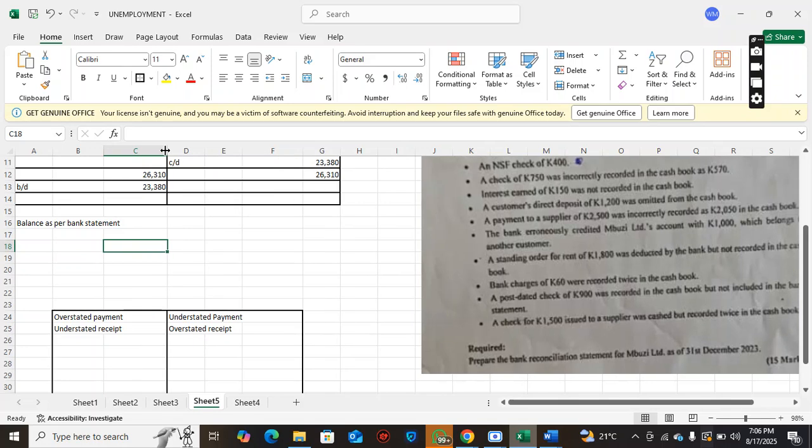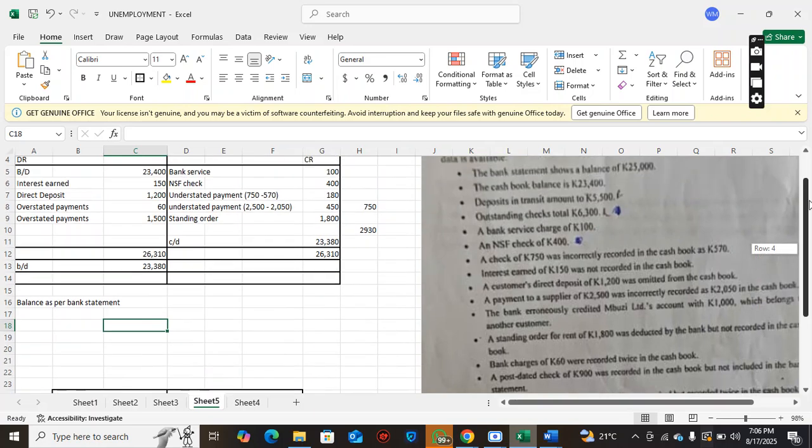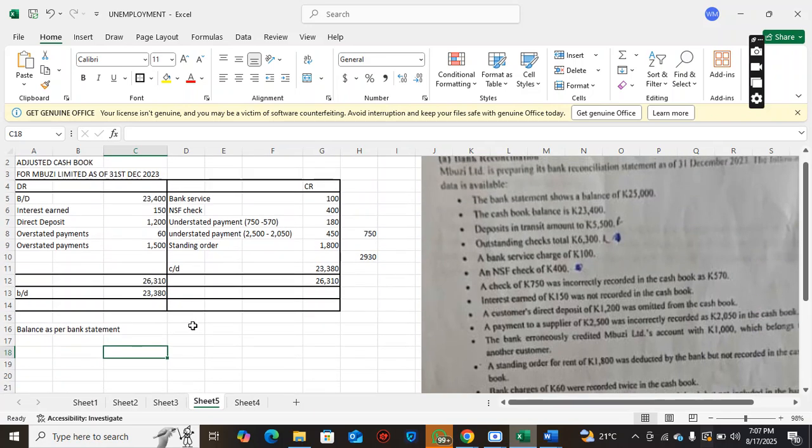With this one, what's the balance per the bank statement? 25,000. Okay. So in a question, if your cash book has a credit balance, then your bank statement has to have a negative balance. Remember that. If they've told you your cash book has a credit balance, just know the bank balance should be a negative number.